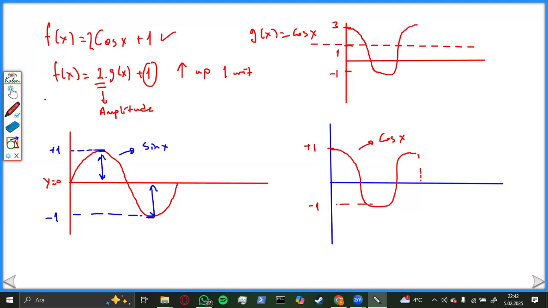As you can easily realize, this is our final graph, with the point 1 on the y-axis, and our new amplitude is 2. So the main cosine function is translated easily by using this method.